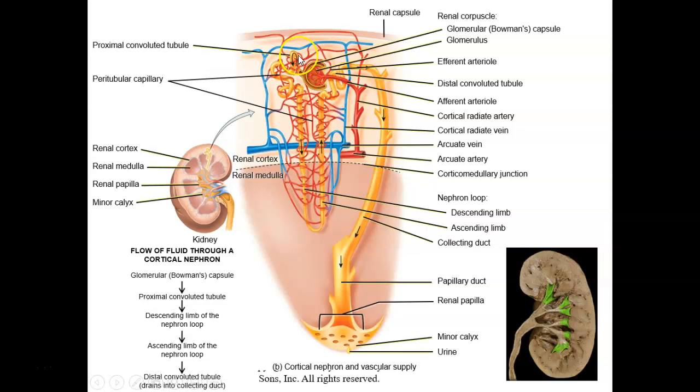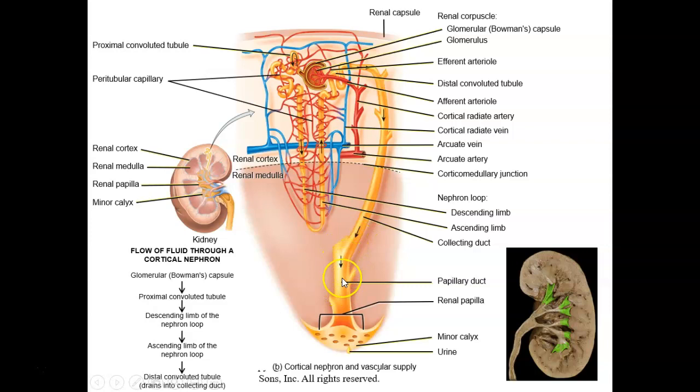That filtrate then goes into the renal tubule, and at the renal tubule, that is where the filtrate is modified. It's not urine yet. If it remains in the tubule at the end, then it will become urine.